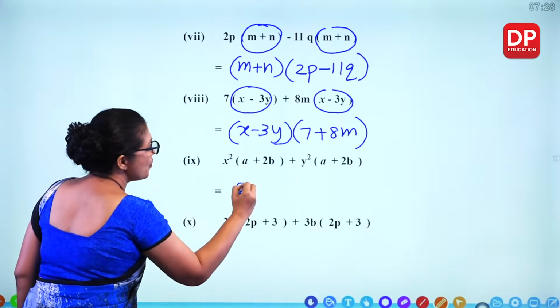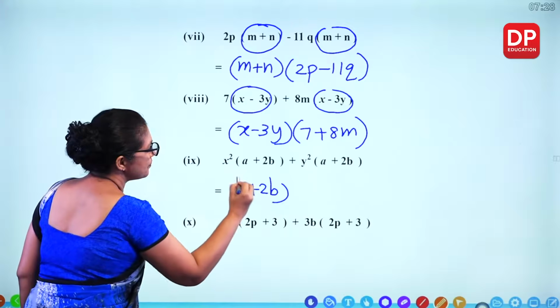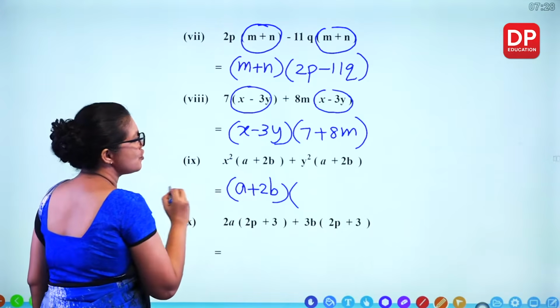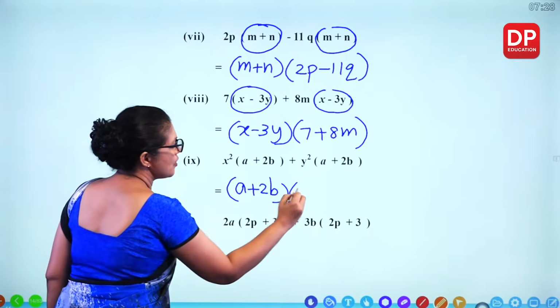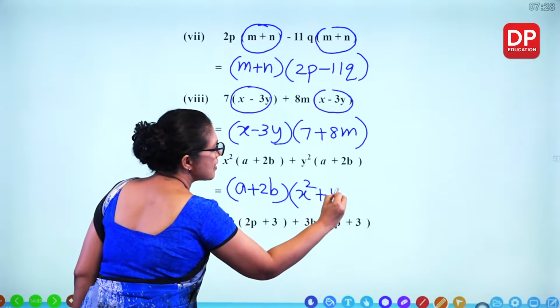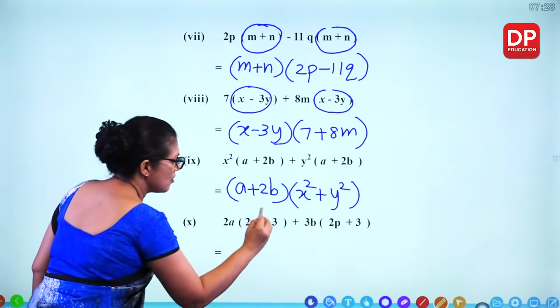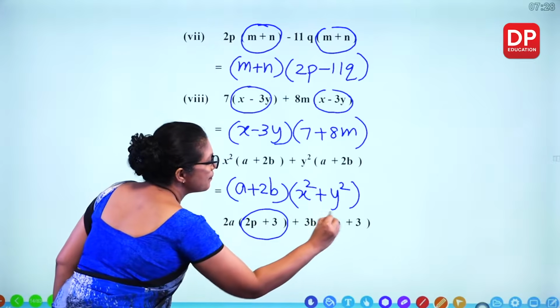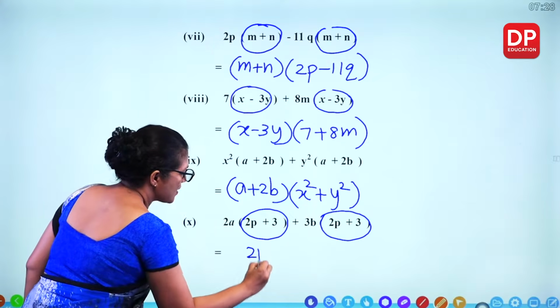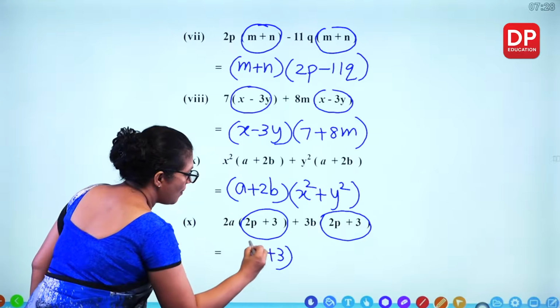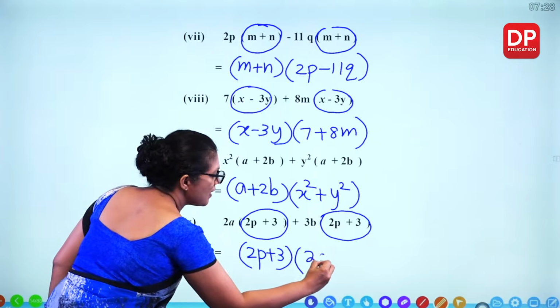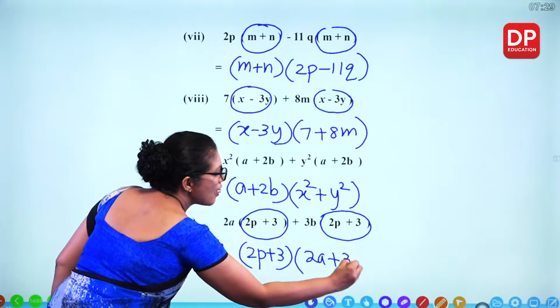So a plus 2b. When you take it out, what you get? X squared plus y squared. This is common. 2p plus 3 is common. Take it out and then the remaining part you write inside.